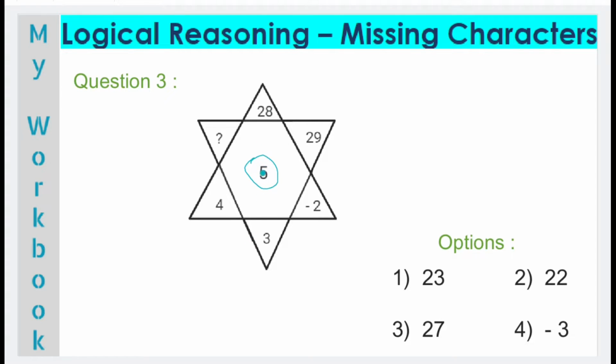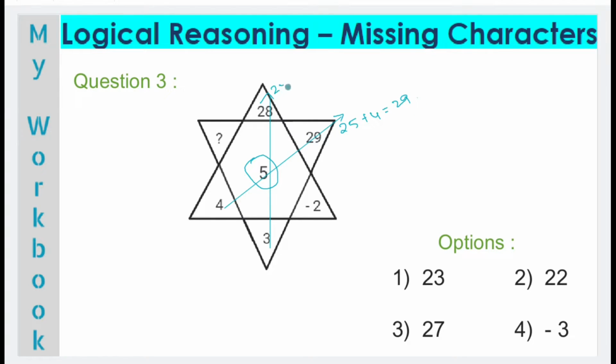5 square is 25. So if we draw a straight line here, we can say 5 square plus 3 has given 28, right? 25 plus 3 will give 28. Again, 5 square is 25 plus 4. So 25 plus 4 is 29.